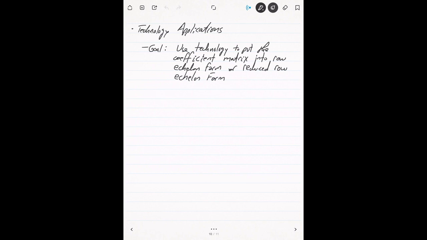We can use the calculator to skip over having to do all these elementary row operations. Because yeah, it can get kind of tedious and time consuming. But if we take our original matrix and put it into a calculator, we could save ourselves an incredible amount of time and solve a system in merely seconds.